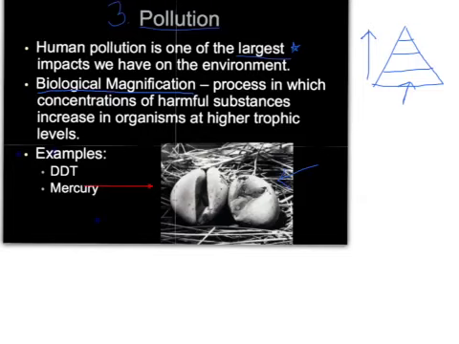So you can only imagine the amount of pesticides or different chemicals that we are putting into the environment that might come back to eventually cause us some problems because of this biological magnification. While at the lower level it seems to be all right, as we increase in the trophic levels and the amount of contact the organism has with it, there are going to be some side effects.